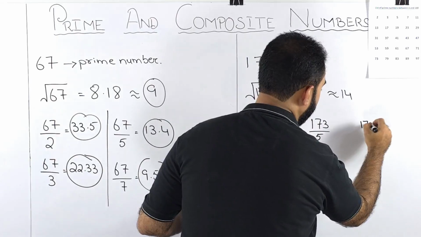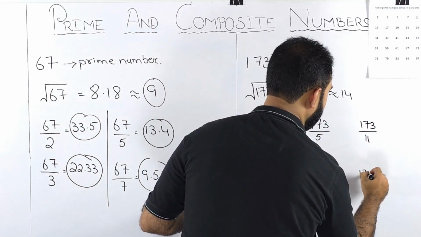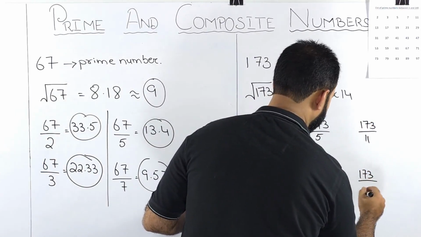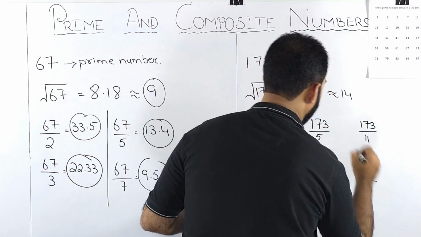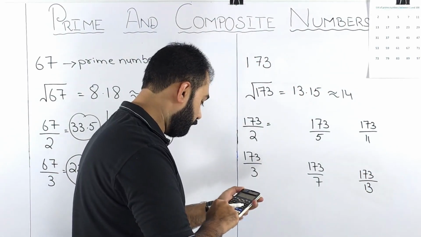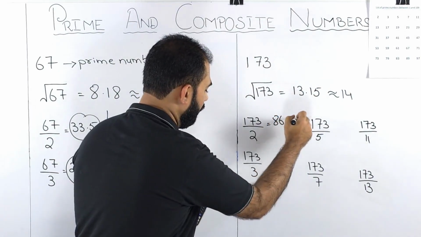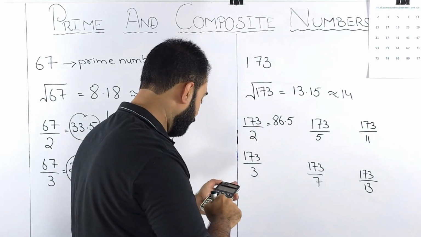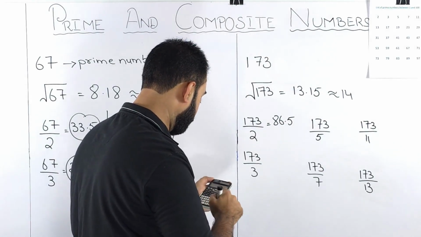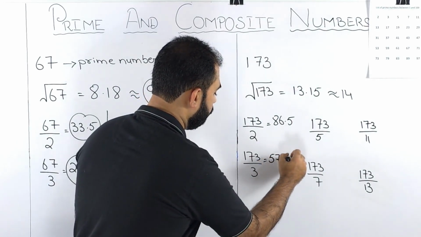Now 173 divided by 11 and 173 divided by 13. Let's apply. 173 divided by 2, we get 86.5. 173 divided by 3 gives us 57.66.